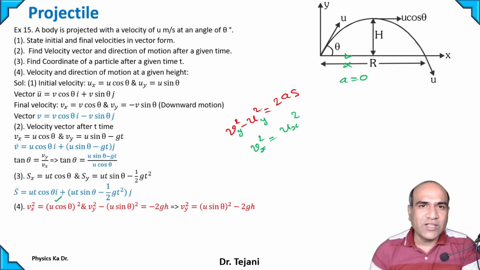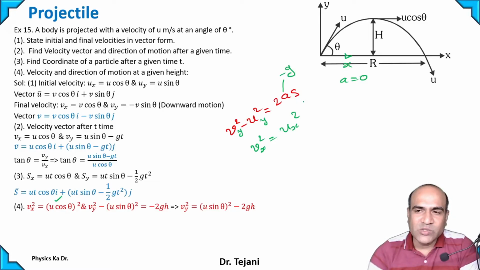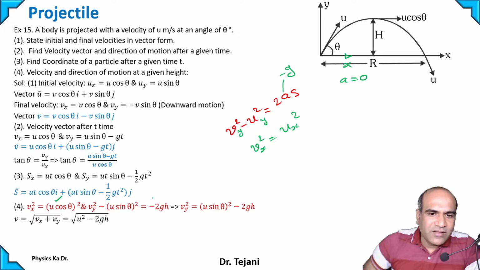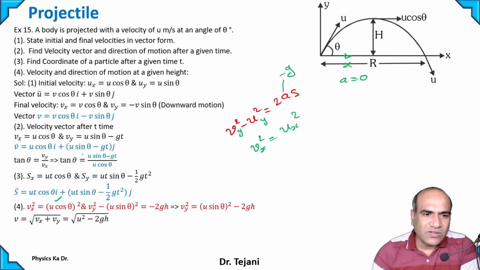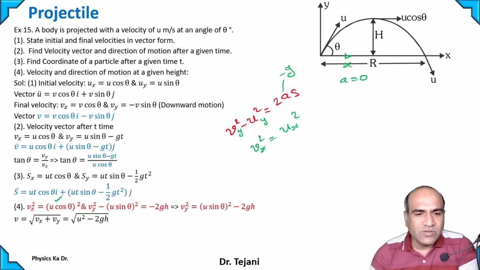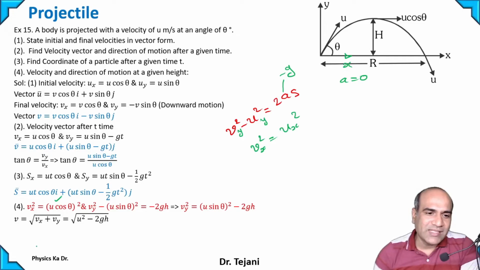So Vy squared minus (u sin theta) squared is equal to minus 2gh, because acceleration becomes minus g, and s becomes the vertical height, so you can take h or y. Ultimately you put in all the values: V squared is equal to Vx squared plus Vy squared, and you find your answer.